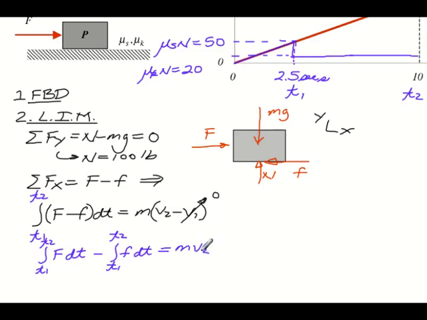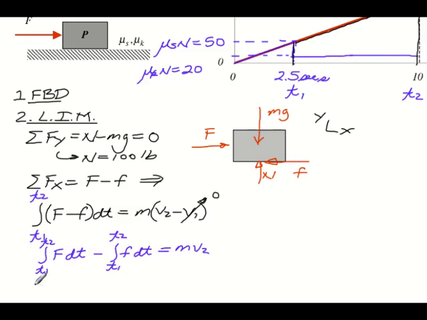So this becomes just finding the area under the curve. The applied force F, see if I can draw this in here, its contribution is going to be the area under this curve, like that.